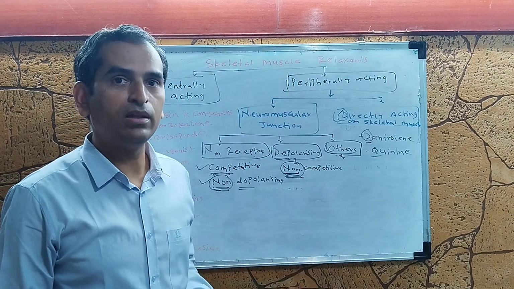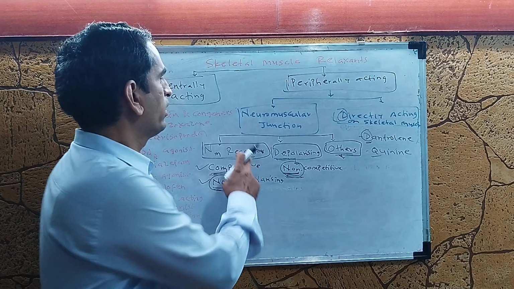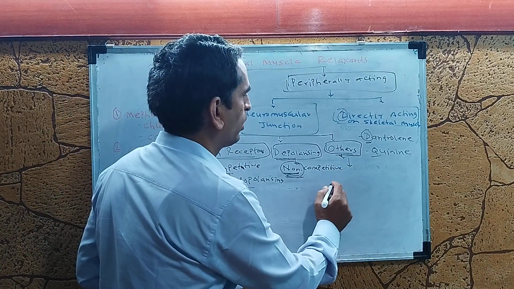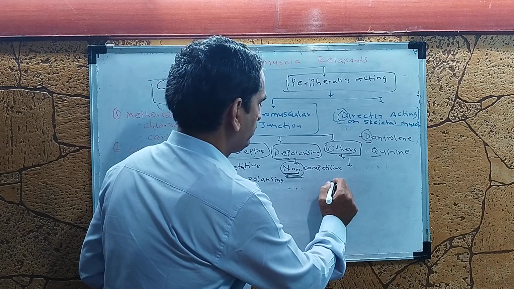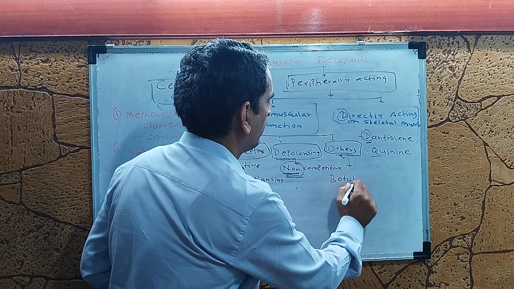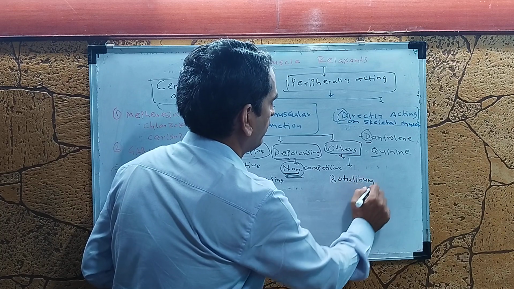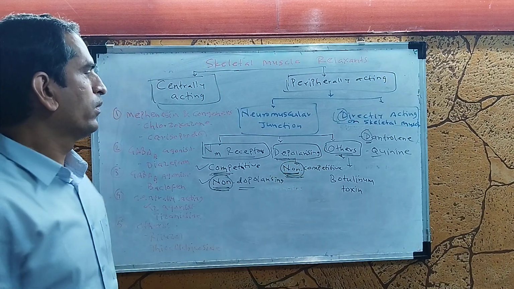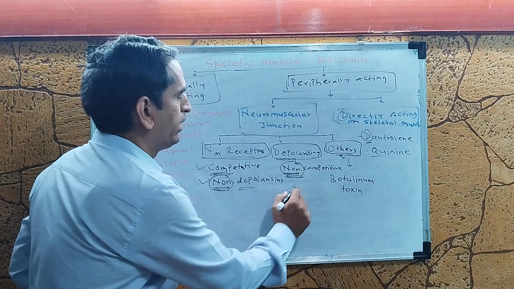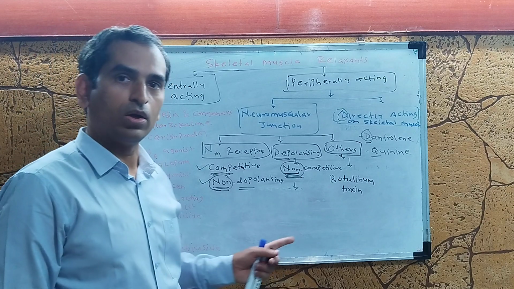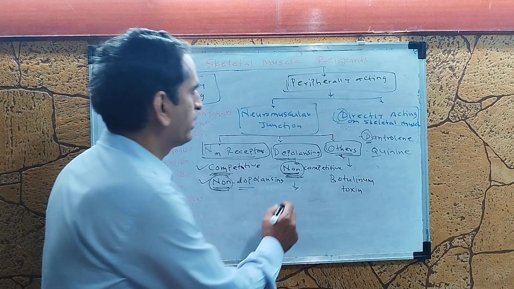It's an anti-malarial drug. For the drugs acting at the neuromuscular junction, the other example I spoke about is botulinum toxin. The depolarizing drugs which are non-competitive blockers, the example is succinylcholine.